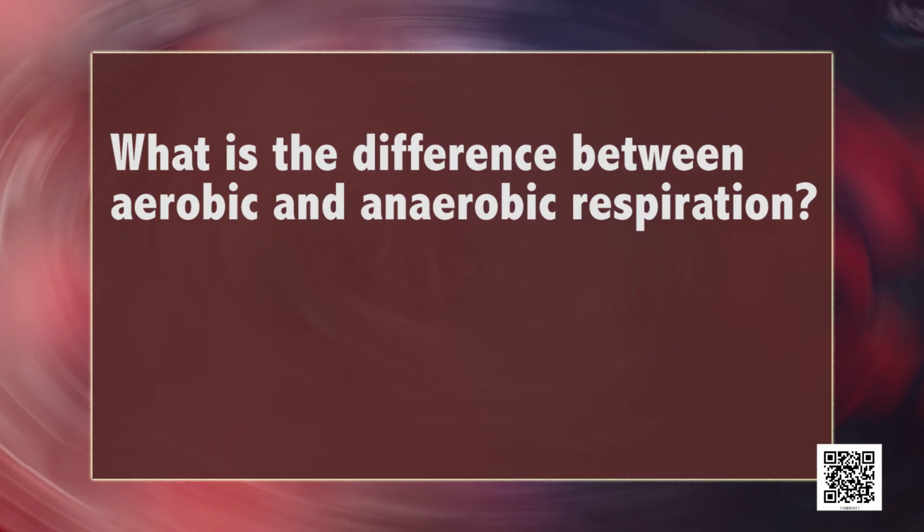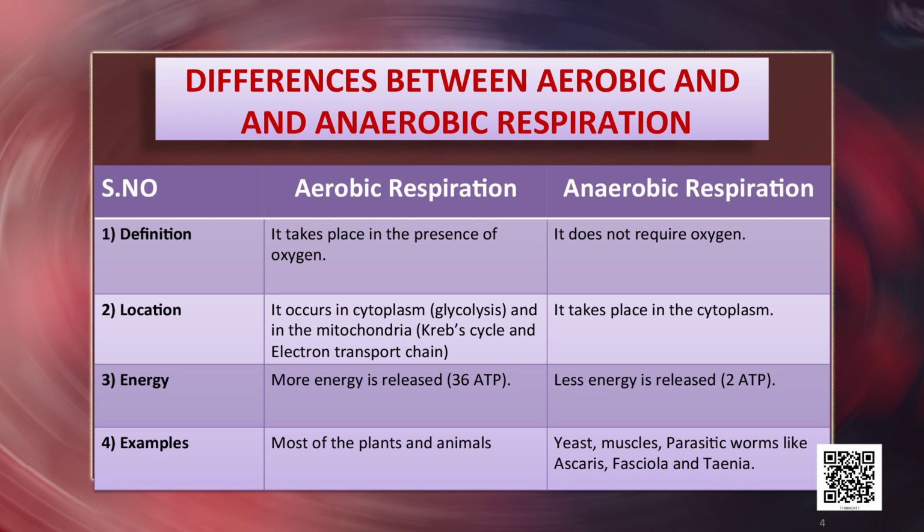Let us now try to understand in more detail the difference between aerobic and anaerobic respiration. Aerobic respiration takes place in the presence of oxygen, whereas in anaerobic respiration, oxygen is not required. Aerobic respiration occurs in the cytoplasm and mitochondria of the organisms, whereas anaerobic respiration takes place only in the cytoplasm.